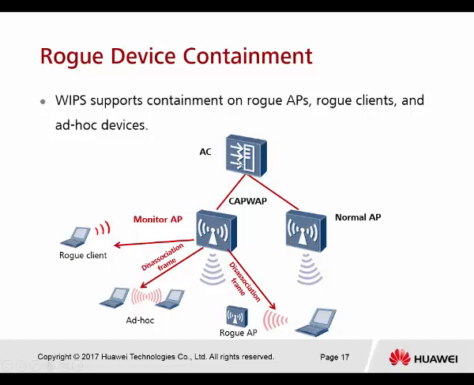When they detect unauthorized access from a device that is not authorized, this monitor AP will start to send the disassociation frame. They ask all of those clients to leave the association, so I will not connect with any of those devices. They'll do this automatically after we enable WIPS.